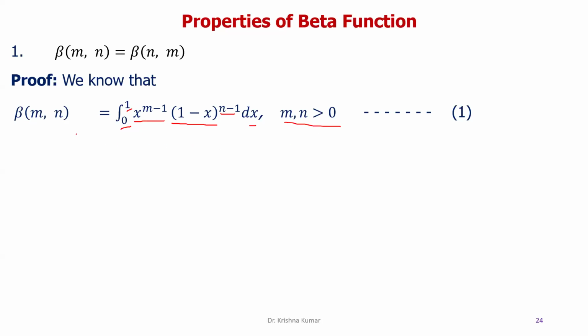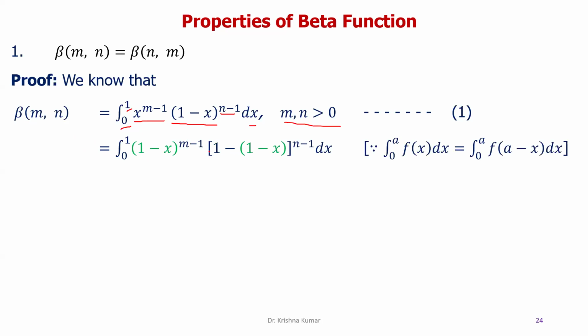So let us replace. We have the property of definite integration: the integration of f of x under the limit 0 to a can be written as the integration of f of a minus x under the limit 0 to a with respect to x.